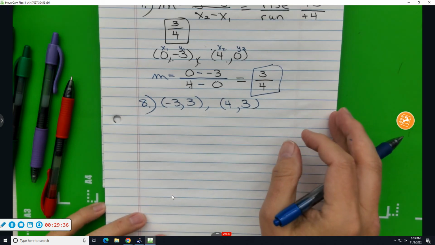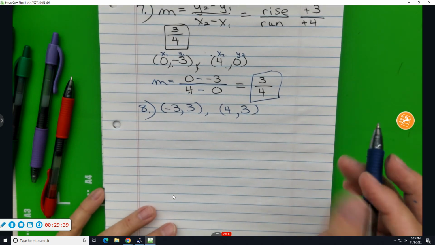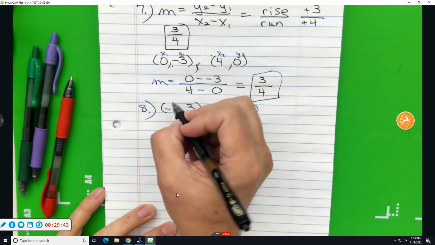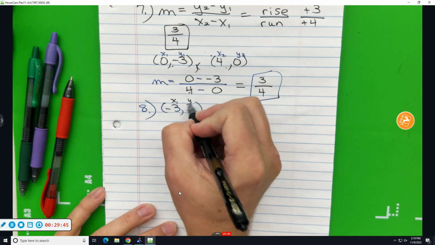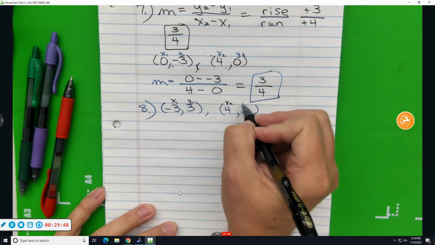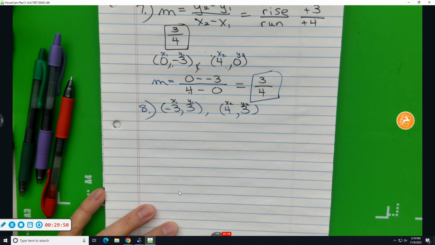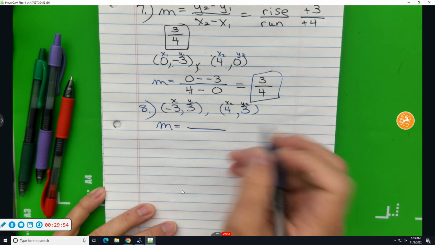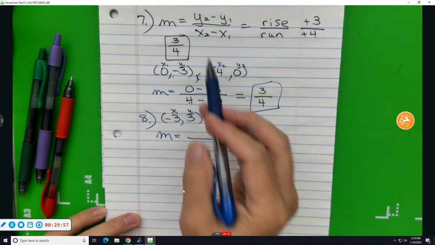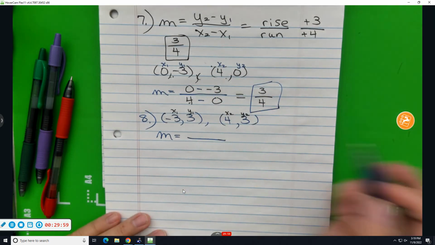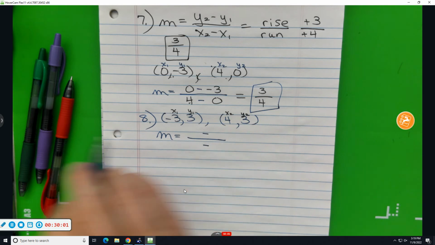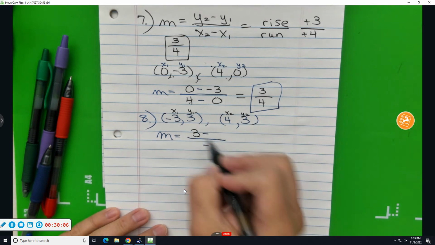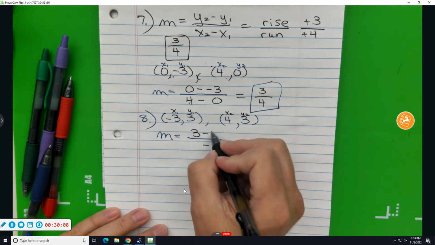So we could look at the graph and use rise over run. Okay, we'll do it with the formula again. There's x1, y1, x2, y2. Remembering the slope formula, which is right up here at the top of the page, we have y2 is 3 minus y1 is 3.